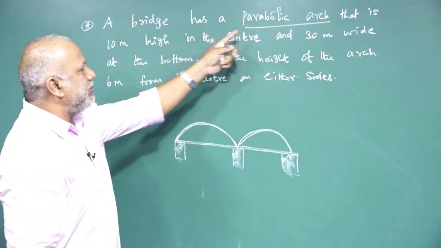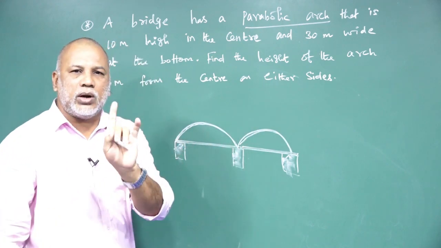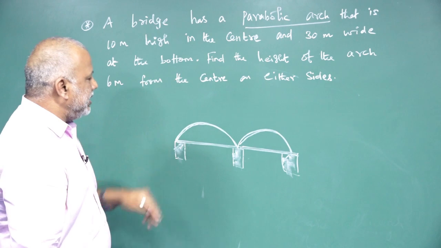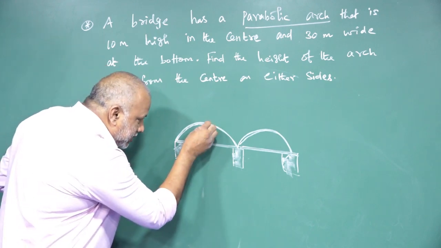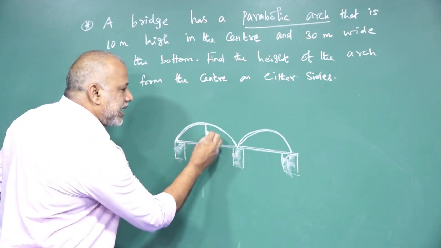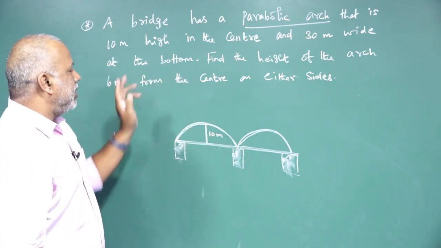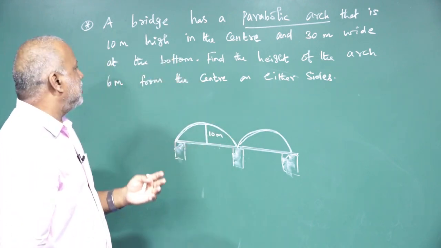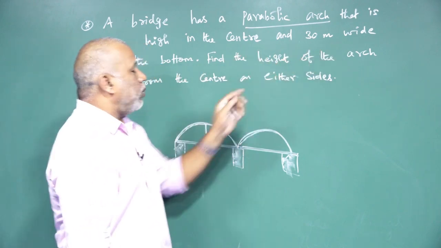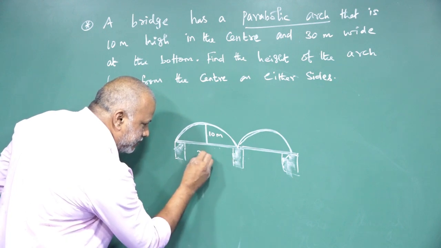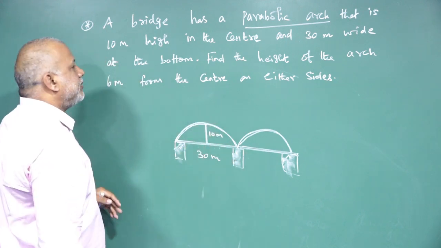See, a bridge has a parabolic arch, so we are taking only one arch. That is 10 meter high in the center. See this center, it has 10 meter height. Then at the bottom, consider the bottom, it is 30 meter wide.